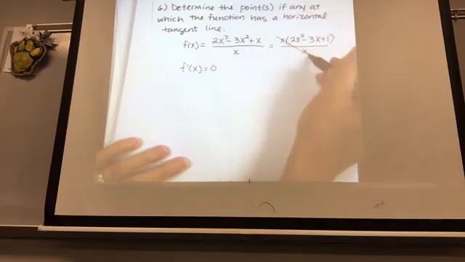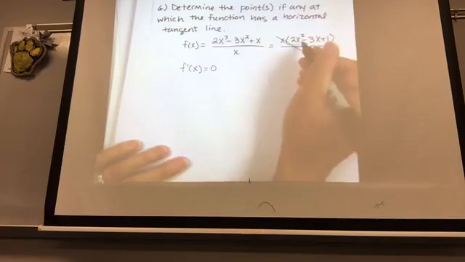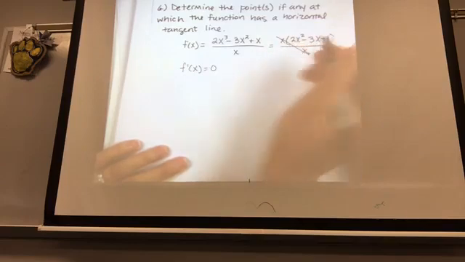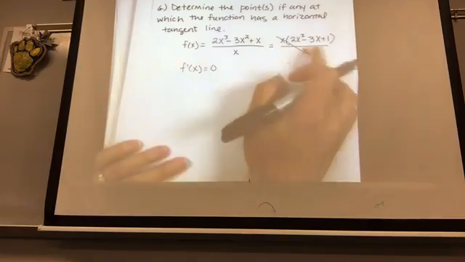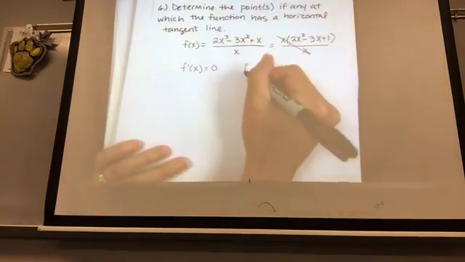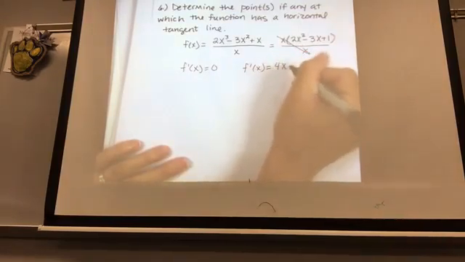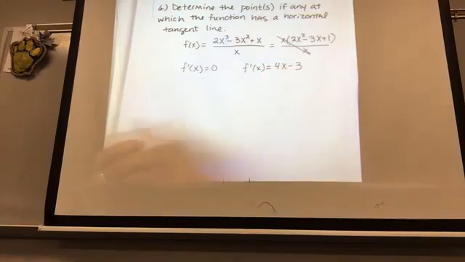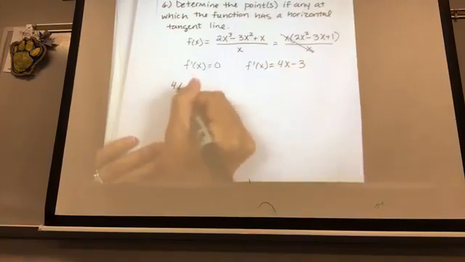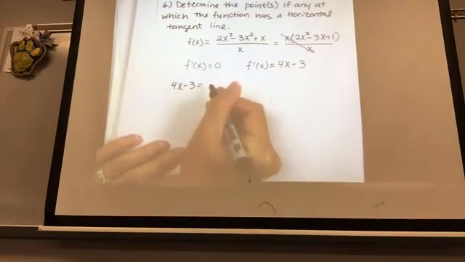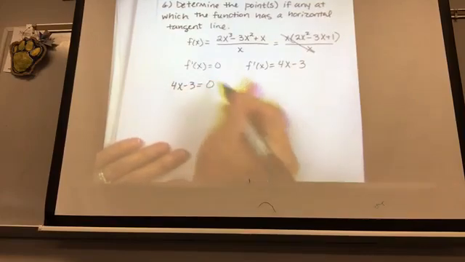Now the x's divide out, and so I can take the derivative of 2x squared minus 3x plus 1. So what is the derivative? 4x minus 3. Good. And now if I set that equal to 0, then I'm going to find where my horizontal tangent line is.